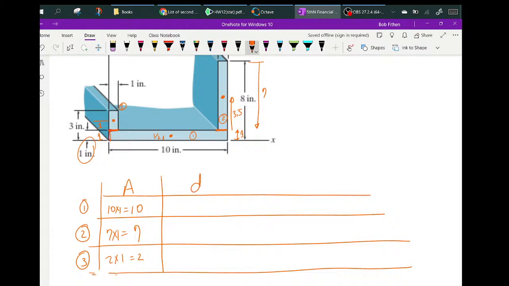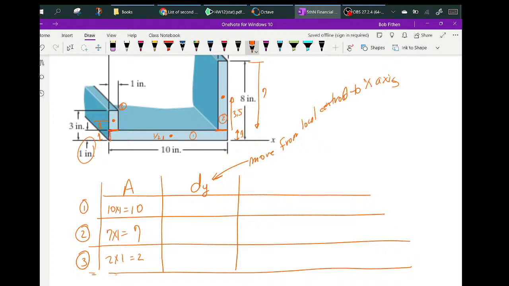Now, the distance I'm going to have to move to get from the local centroid to the x-axis.